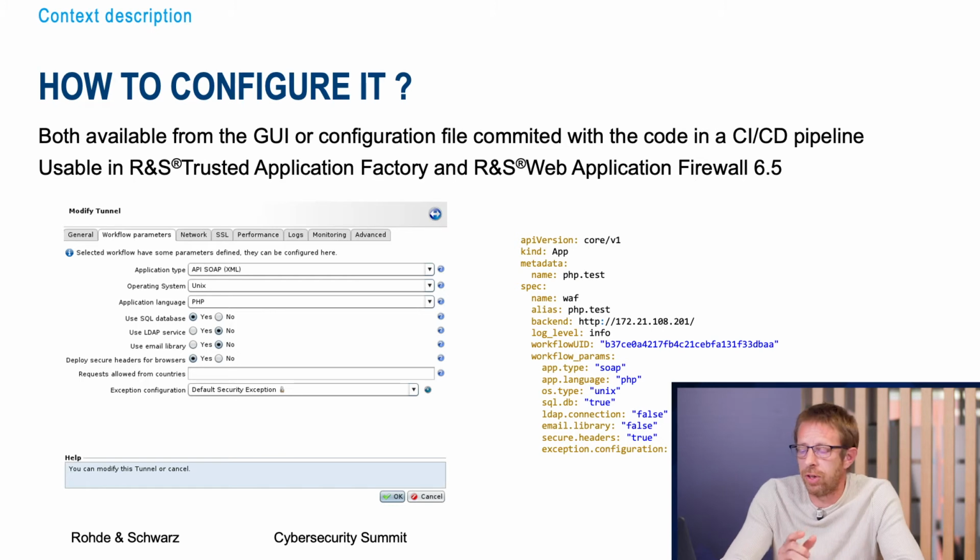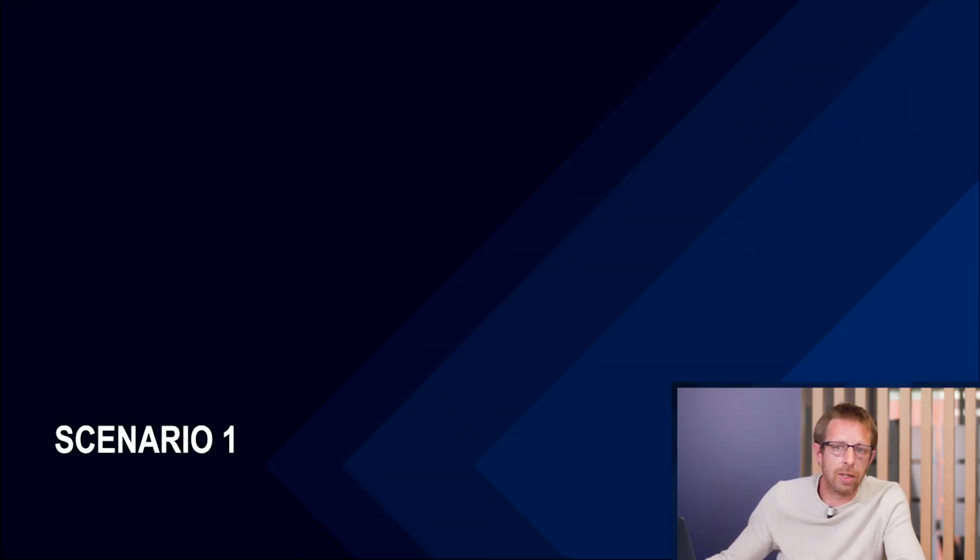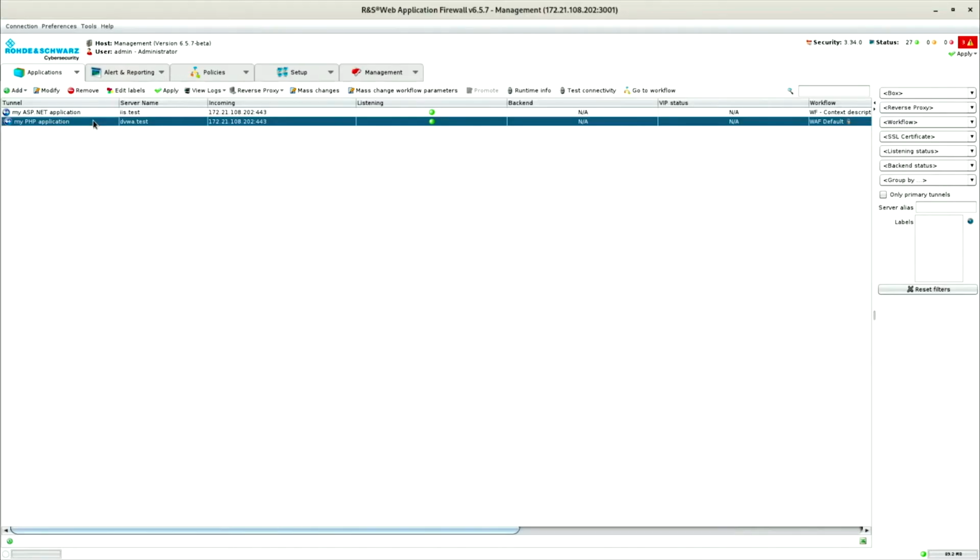In fact, two scenarios. The first one will be about a PHP application that you want to protect, and how to describe this application in order to activate only the necessary security engines.